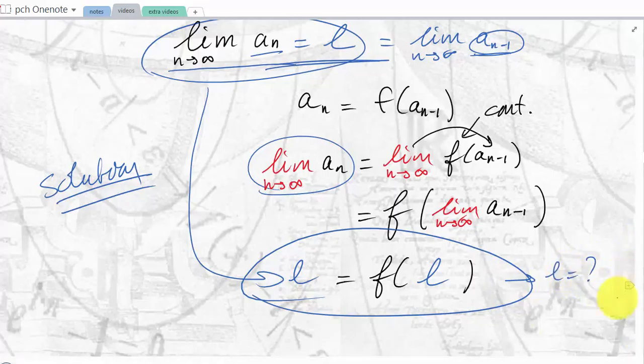Let me show you how it works. In all of the following examples, we're going to assume that the limit exists. I'm asking you to find them. So here is the first sequence. You start at 1, and a sub n is 1 plus 1 over a sub n minus 1. So what is f of a sub n minus 1?